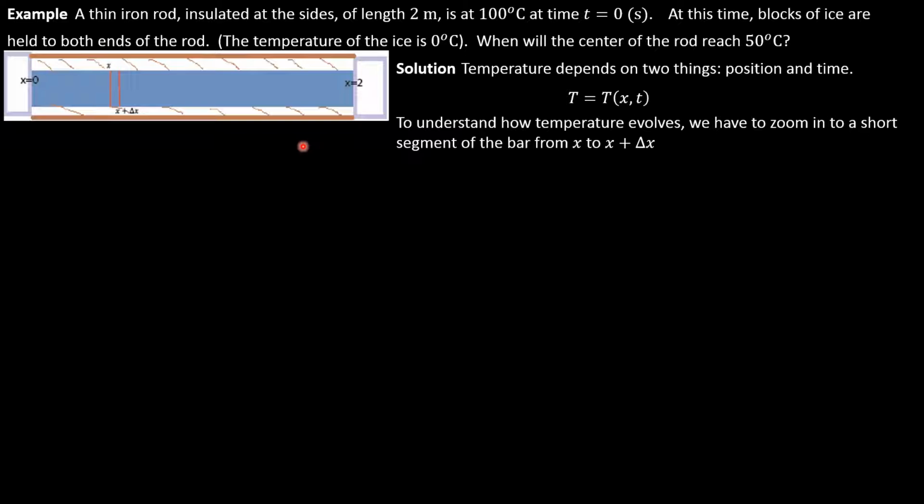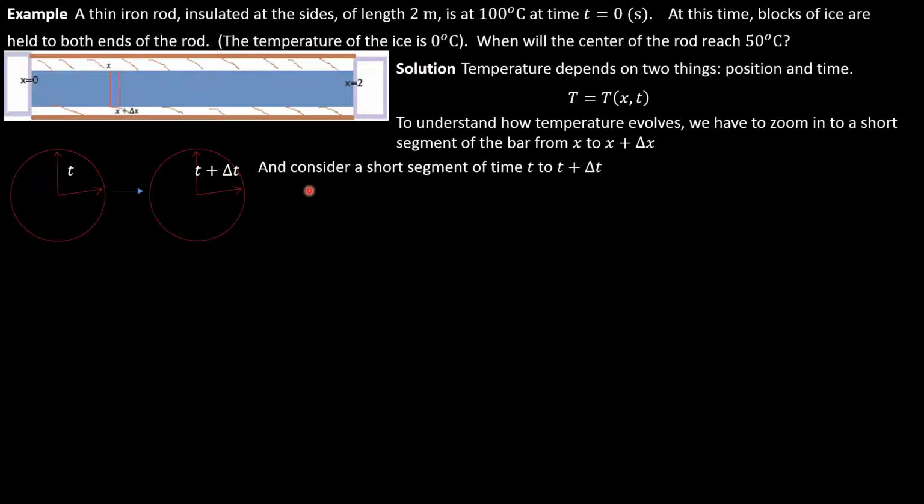So we have to zoom in, and if we look closely at it, and if we consider a short time interval from t to t plus delta t, so imagine allowing the clock to run for a very short amount of time. Let's imagine 1/100th of a second passes. And the question I'm asking is, how much heat enters or leaves this little tiny segment of rod?